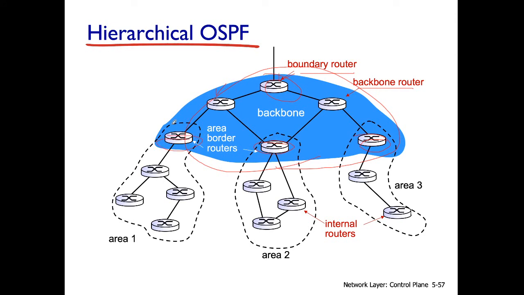So this guy here and here and here are the area border routers. The area border routers, boundary routers, as well as the other backbone routers together form the backbone, and they will together run OSPF, but that is independent of the OSPF running inside each of these areas.